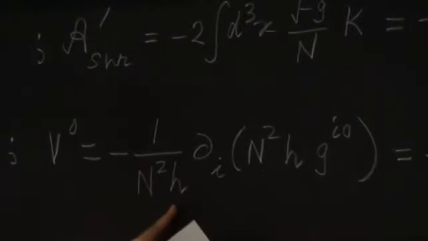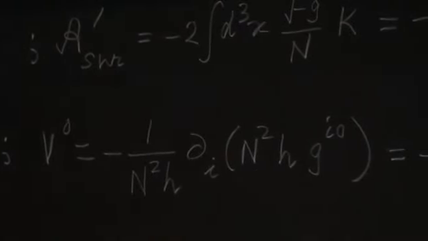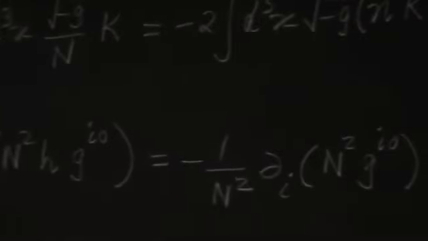So there is n square gi 0 I am taking out in the second term. That has a di of h divided by h, which is di of log h. Okay? So this is what V0 is.